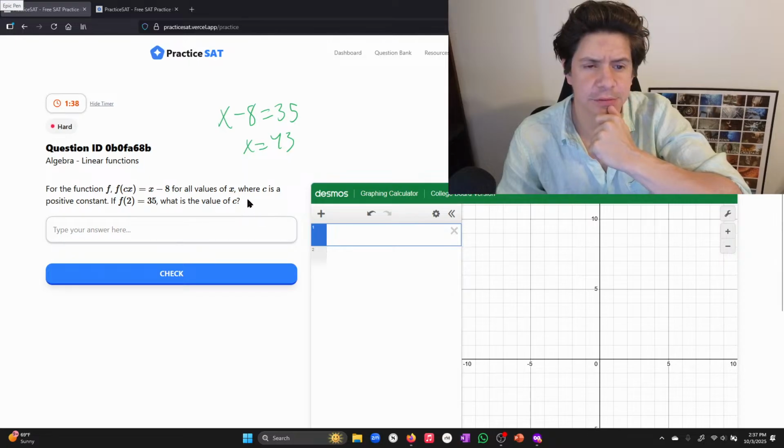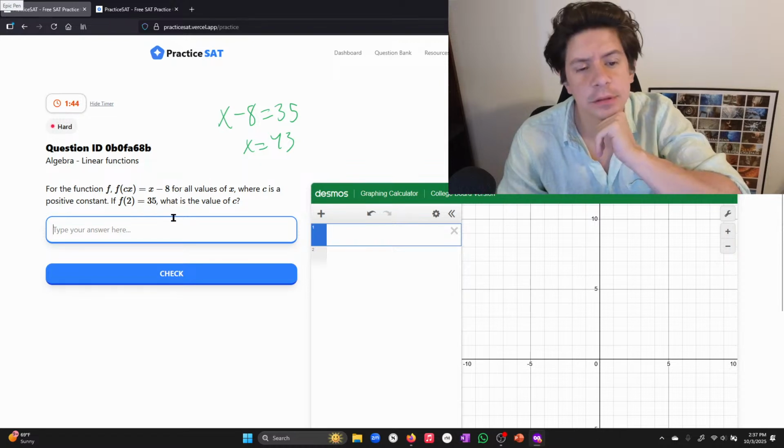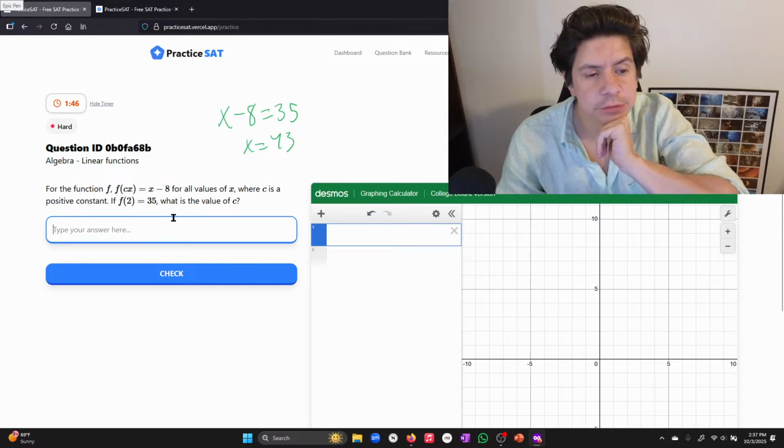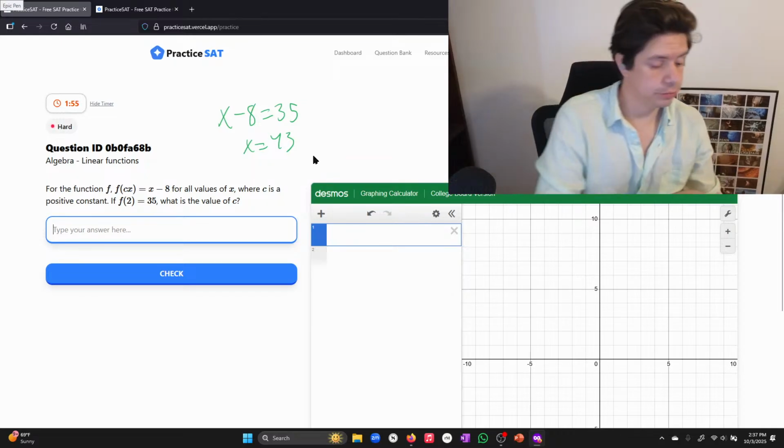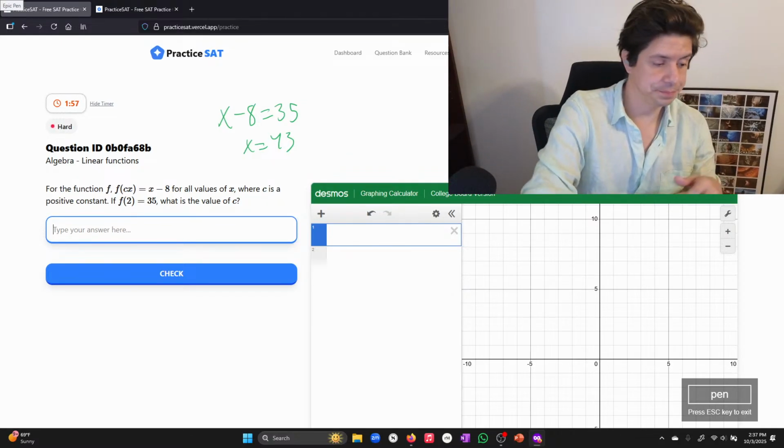Okay, so for this one, if f of 2 equals 35, what you do is you say this, look.